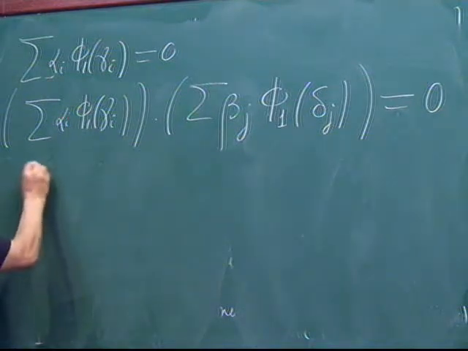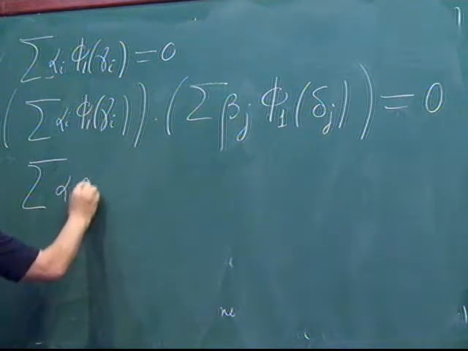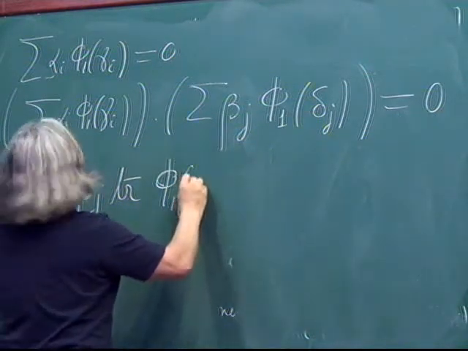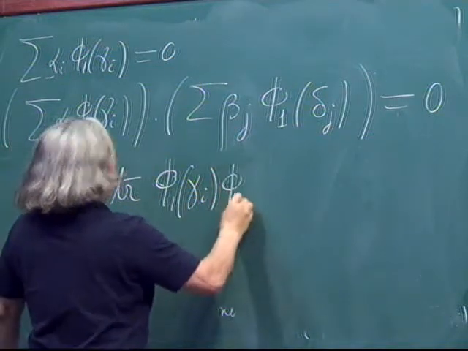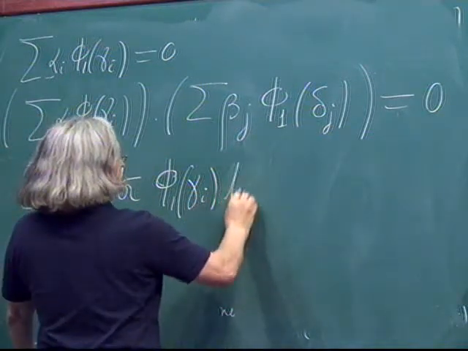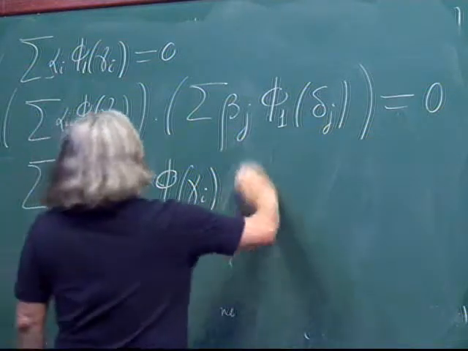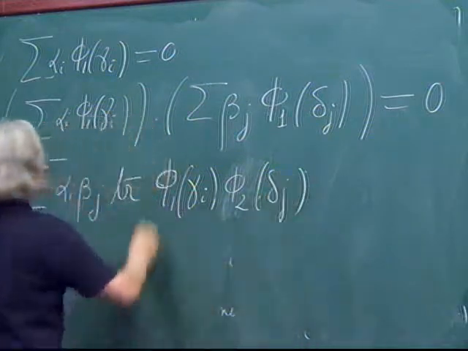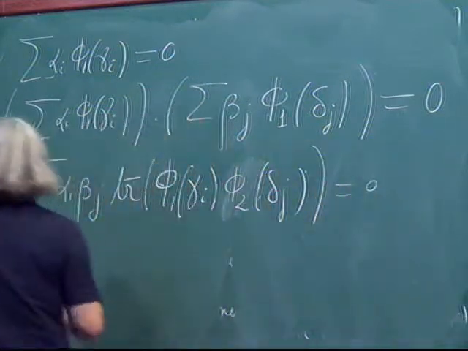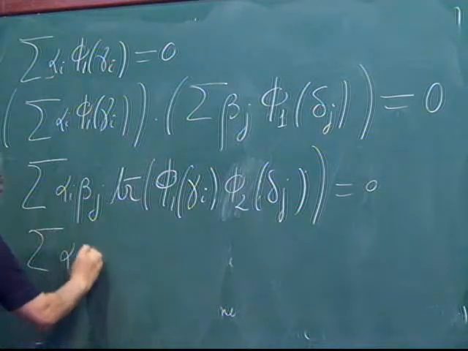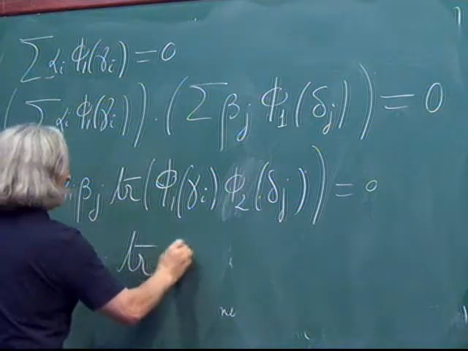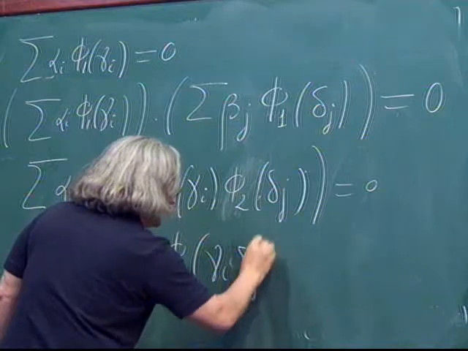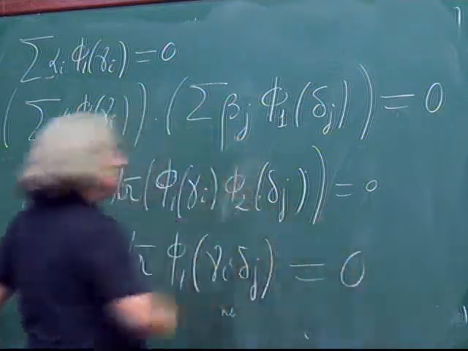So this is the sum of trace of phi 1 gamma i phi 2 delta j is equal to 0. So this is the sum of alpha i beta j, trace of phi 1 of gamma i delta j is equal to 0.